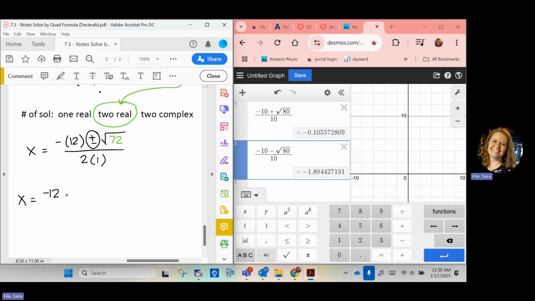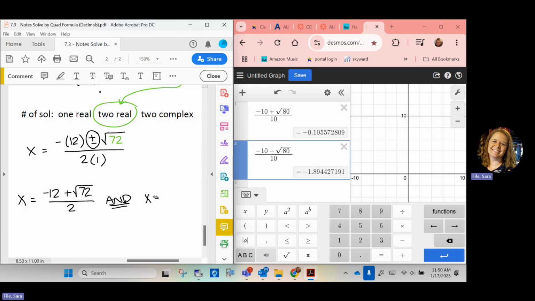So this will be negative 12 plus the square root of 72 over 2. And when I say simplify, I'm talking about that negative and the b. That just comes out to negative 12. And the 2 times 1 in the denominator just comes out to 2.